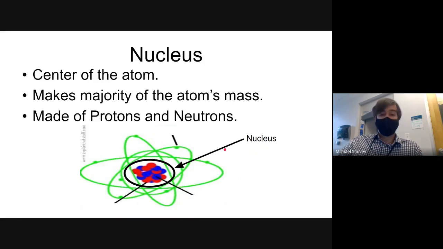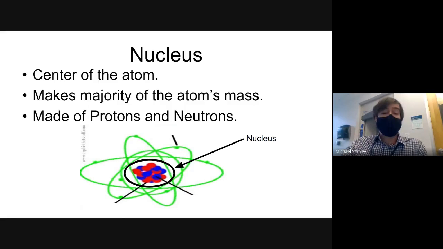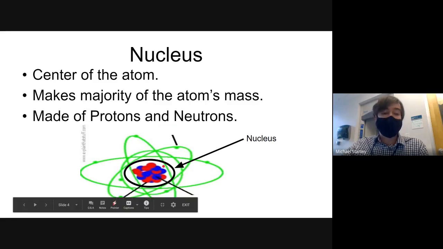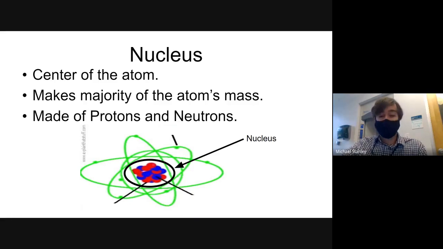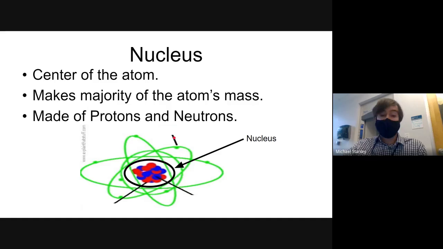The protons and the neutrons are clumped together here, and the electrons are zooming around the outside of the nucleus. Most of the atom's mass, like 99.99% of the weight of the atom, comes from the nucleus. We'll talk about why that's important in just a couple slides. So the nucleus is the middle, and the electrons are zooming around the outside.